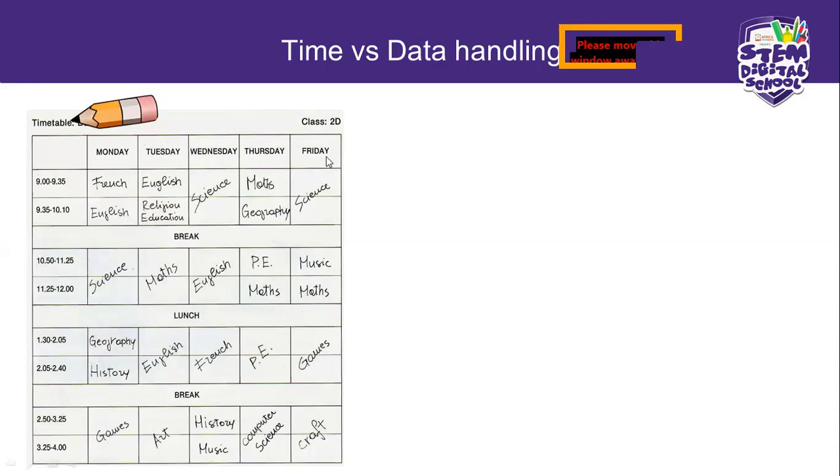So remember when we were talking about timetable and data handling, some of you told me that the timetable that you know is your class timetable. I can even remember somebody typed yesterday and told me about their lessons, what time they do maths, what time they do English, what time they do Afrikaans, and so on.